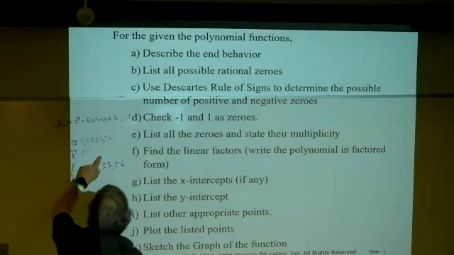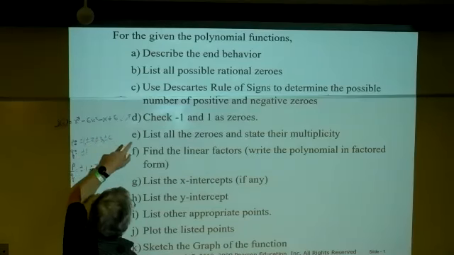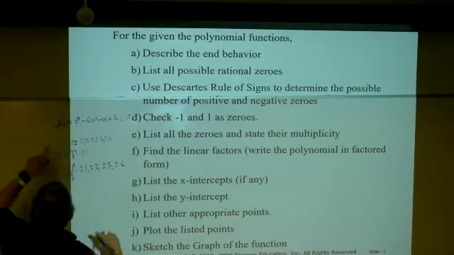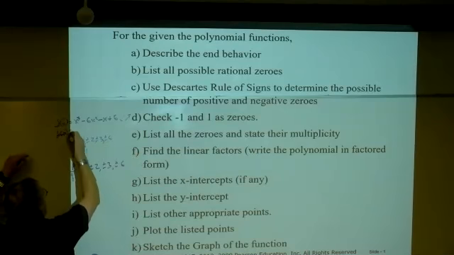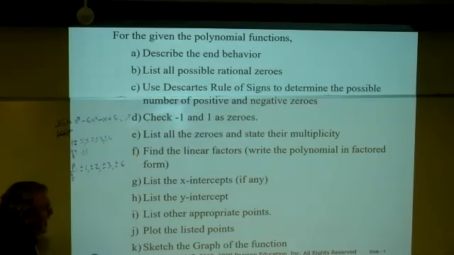Now, Descartes' rule of signs. To use Descartes' rule of signs, I also need to find out what f of negative x is. If I put negative x in for x, the sign on my odd degree terms will be changed.